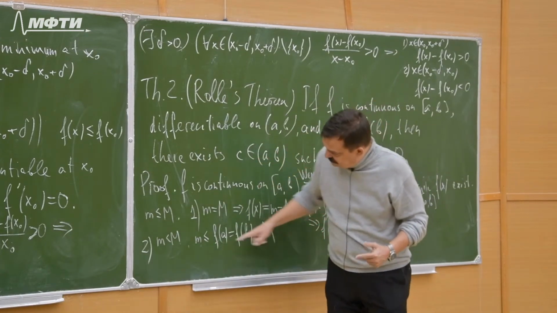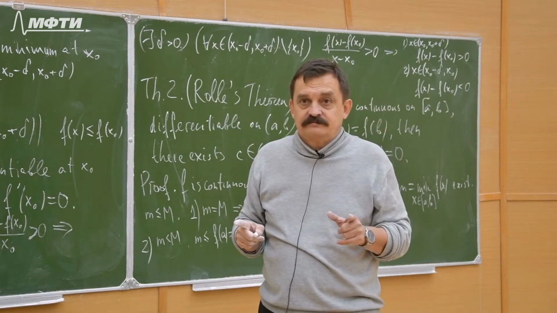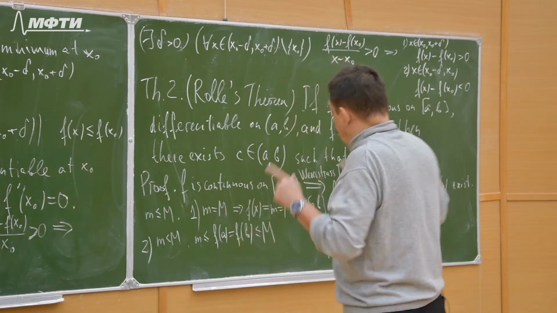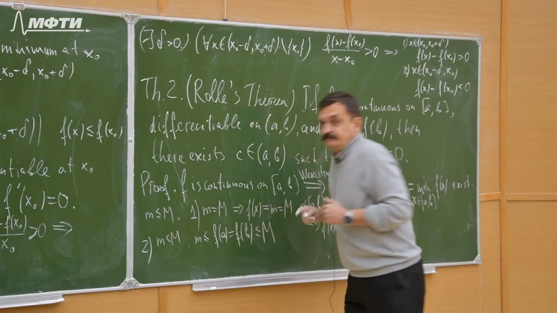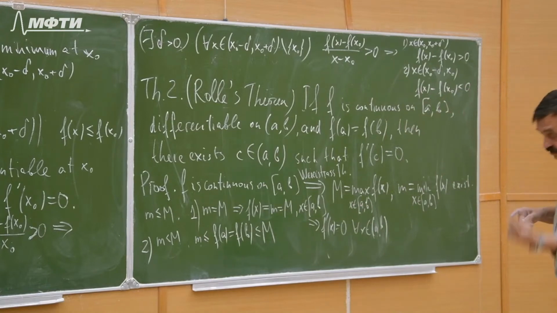Hence, at least one of those two inequalities is strict. Both cannot be equalities simultaneously. So at least one is strict.